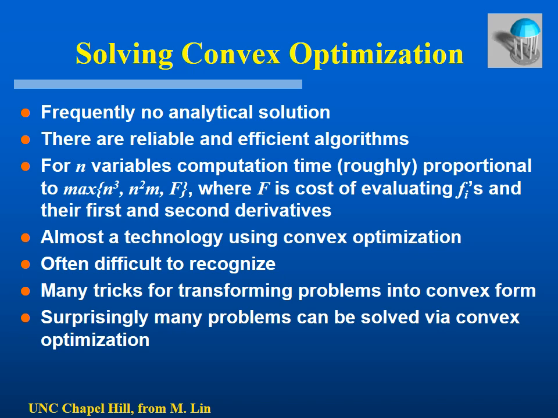But there are many interesting ideas for transforming problems into convex form, and our graduate course, COMP 777, in fact, focuses on these approaches. The result is that surprisingly many problems can be solved via convex optimization, because if it didn't originally seem convex or wasn't, you can turn it into a problem that is convex.